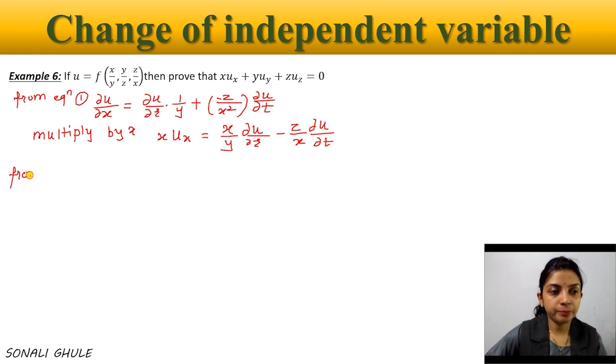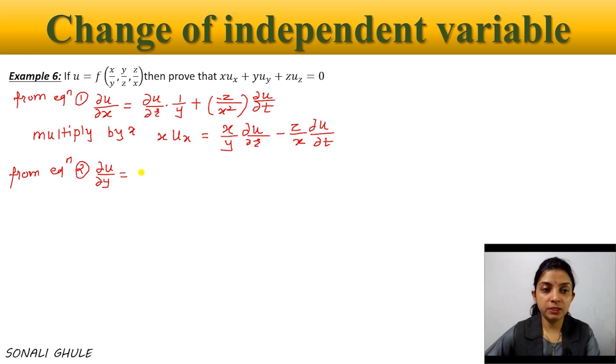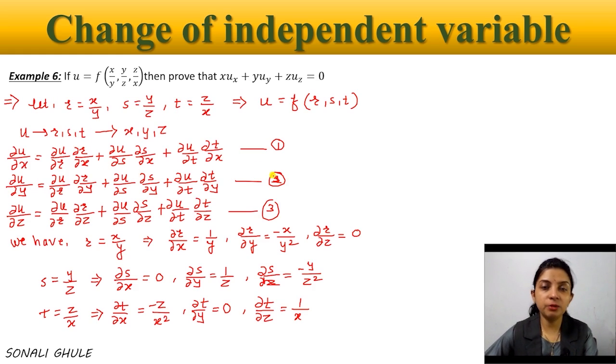from equation 2, what do I get? I'll get u with respect to y. Okay, let's use equation 2 here. See, this is your equation 2. So u with respect to r and r with respect to y. What is r with respect to y here? This is minus x upon y square.